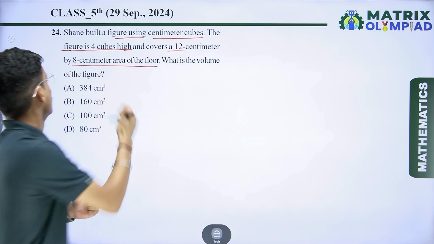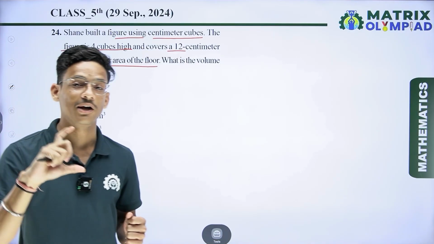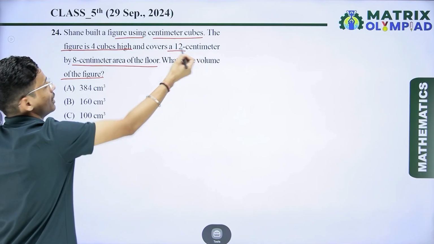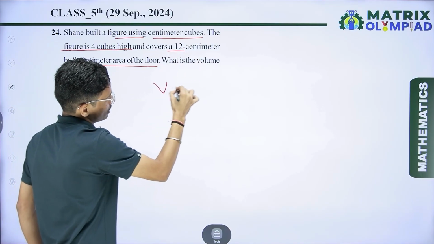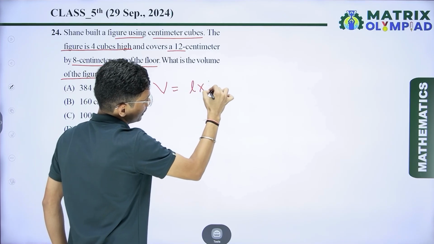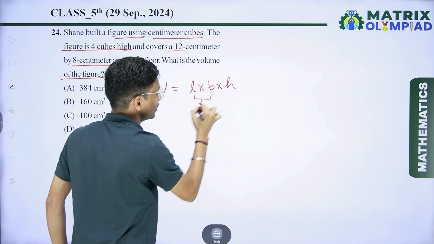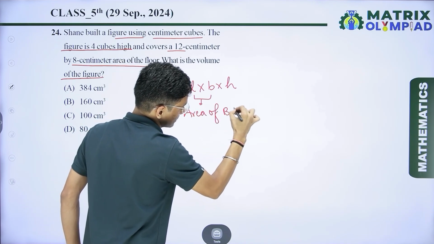So what is the volume of the figure? Here we have given the height of a cube and the base area, that is 12 centimeter by 8 centimeter. So volume is equal to length multiply breadth multiply height. Here length and breadth are called the area of base.